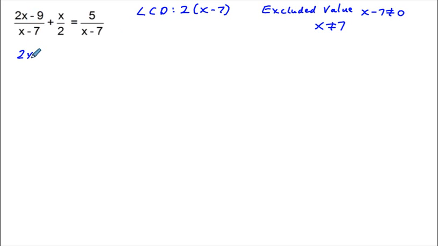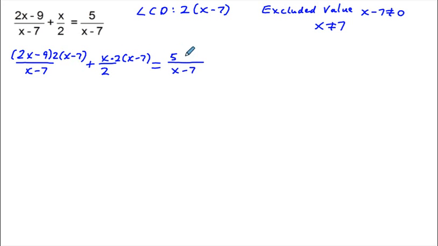We're going to rewrite this as 2x minus 9 over x minus 7, and we're going to multiply this numerator by the least common denominator, which is 2 times quantity x minus 7, and then we have plus x over 2, and we're going to multiply this by our least common denominator, which is 2 times quantity x minus 7, and then we have equals 5 over x minus 7, and we're going to likewise multiply this by our least common denominator, and now we're going to cancel where we can.